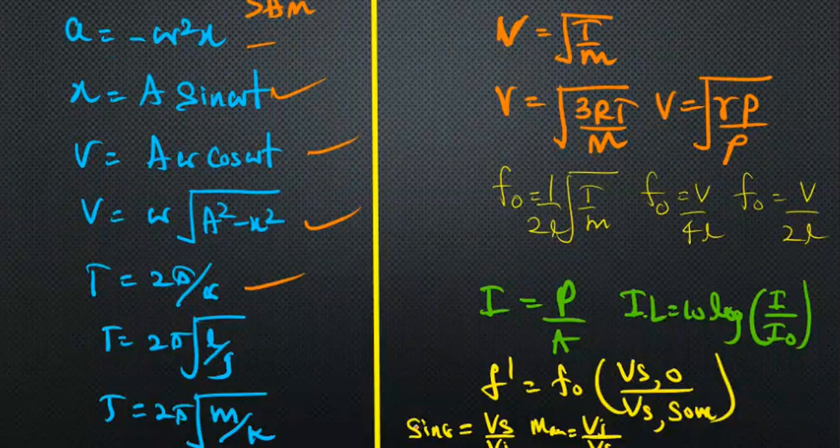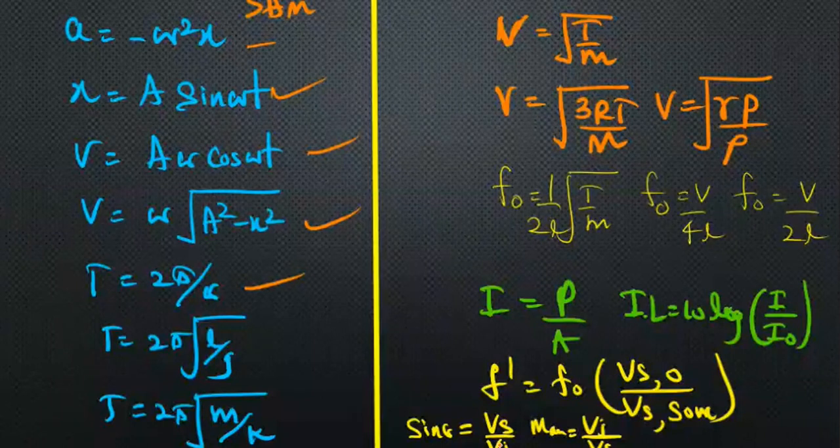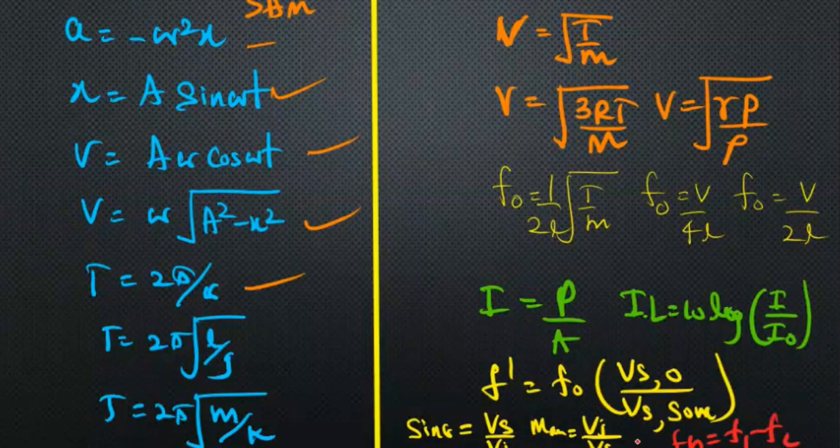And sonic boom, sine theta equals the velocity of sound divided by the velocity of the source or the jet. And then Mach number, the velocity of the jet or the source divided by the velocity of sound. And then we have beat frequency, Fb equals f1 minus f2. These are the basic equations we have from waves and oscillations.